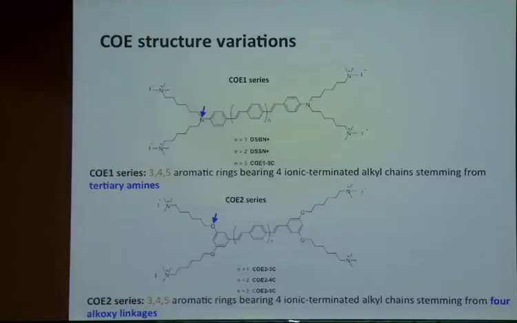I have two small questions. Is there a specific reason why you use that trimethyl ammonium group at the terminal end? Because that's constantly positively charged. Have you ever tried a negatively charged COE? Let me see. If you look at this one, this molecule is actually neutral.